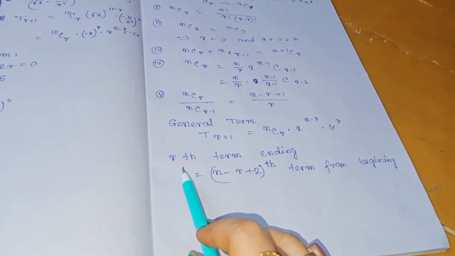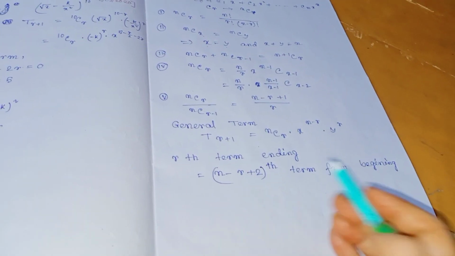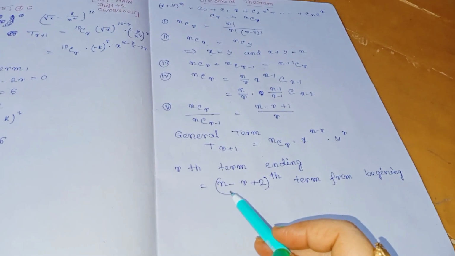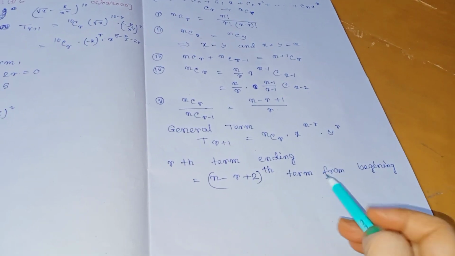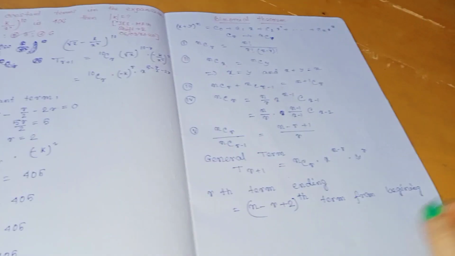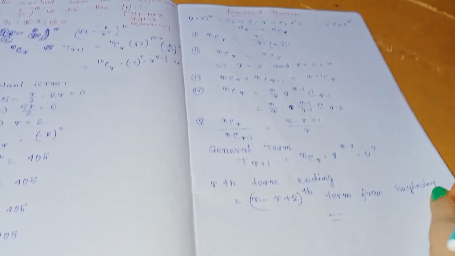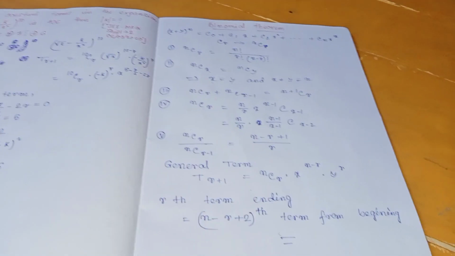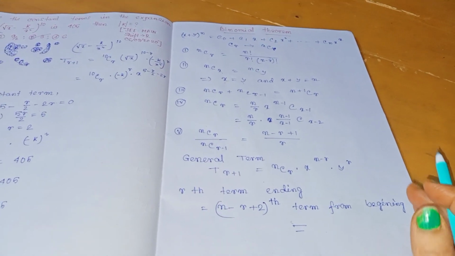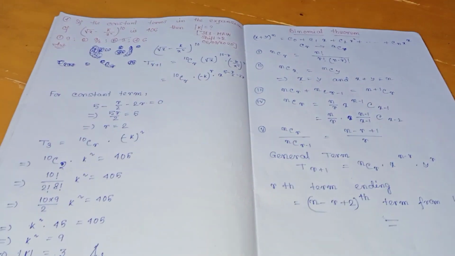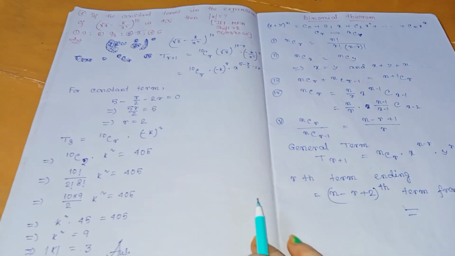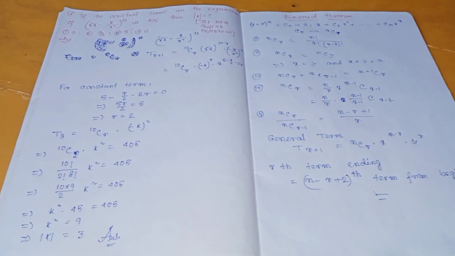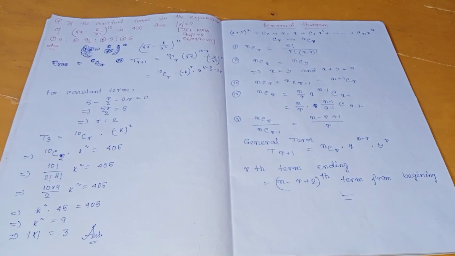If we take the rth term from the ending of any binomial expansion, that is equal to the (n minus r plus 2)th term of the beginning. So here are some important discussions and important formulas about JEE Main related questions, and some of the binomial theorem questions, JEE Main Shift 2, 6th of September, which is already solved. So here is the whole solution and some discussion.